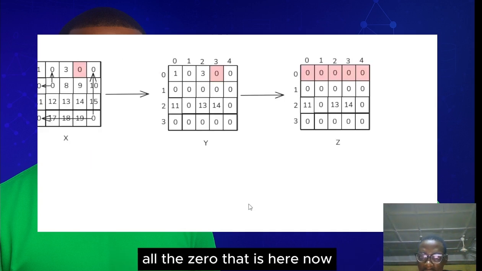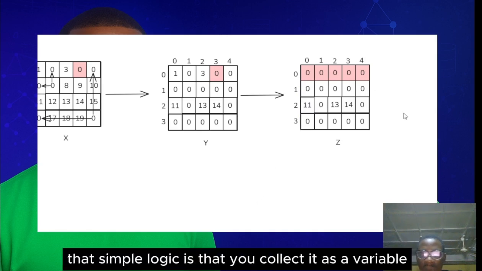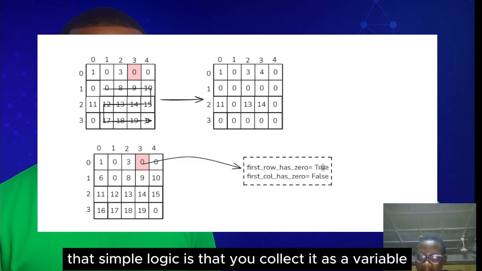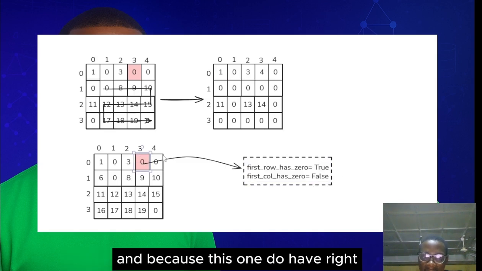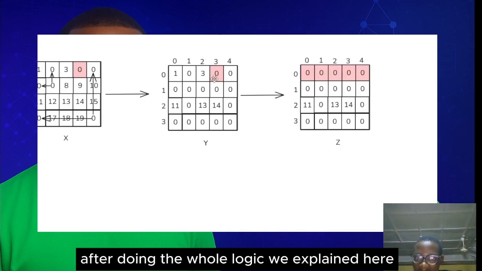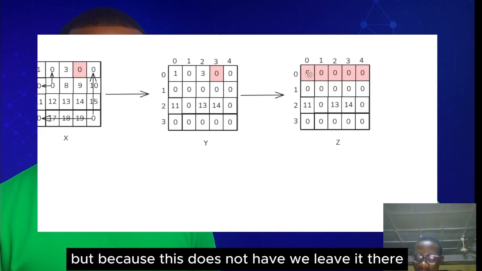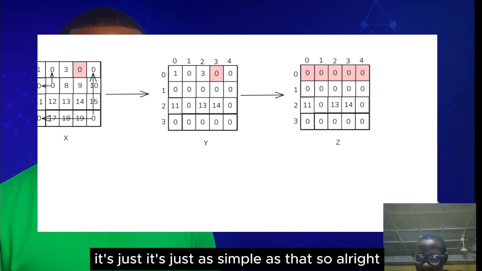So all the 0 that is here now is as a result of it being a marker. So that simple logic is that you collect it as a variable, true or false, and because this one does have a 0 right from the start, we set the whole row to 0. After doing the whole logic we explained here, we now set it to 0, but because this does not have, we leave it there. It's just as simple as that.